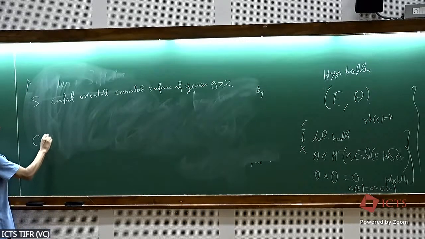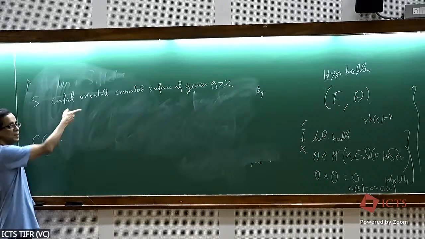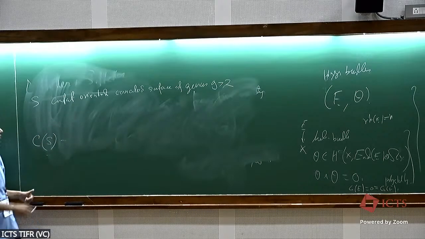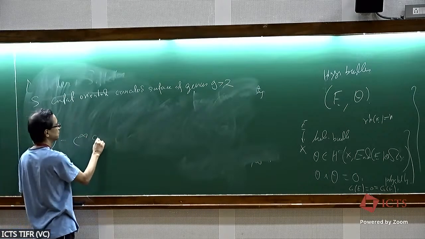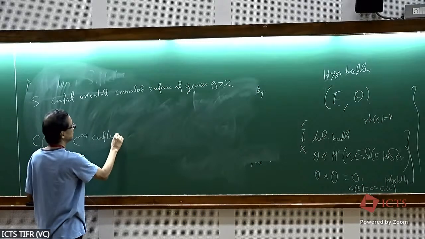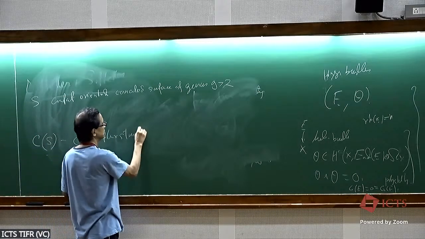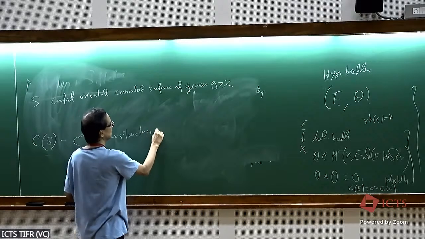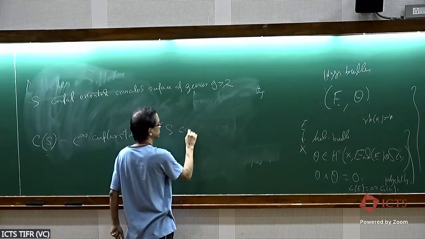T_S is a space of all complex structures on this surface compatible with the orientation. On the C-infinity surface I take all C-infinity complex structures on S compatible with the orientation.